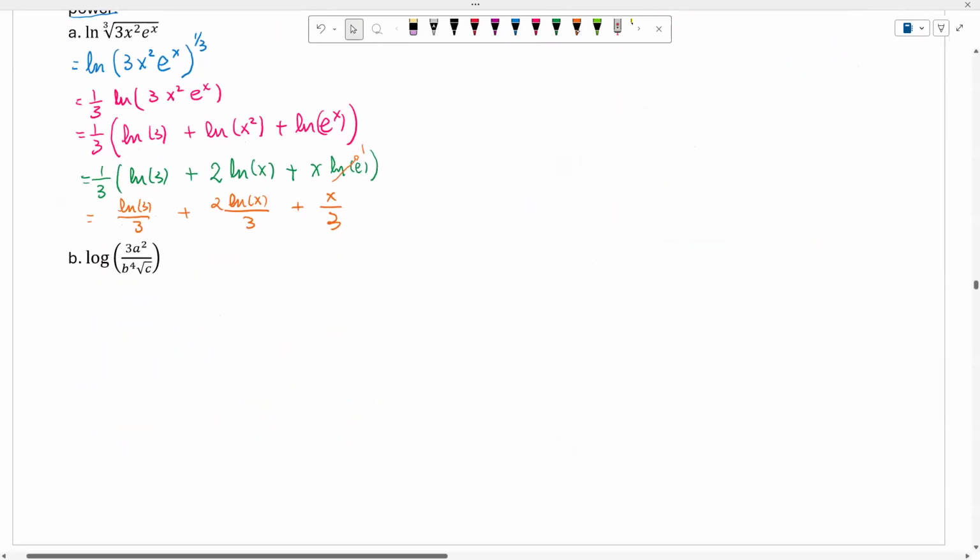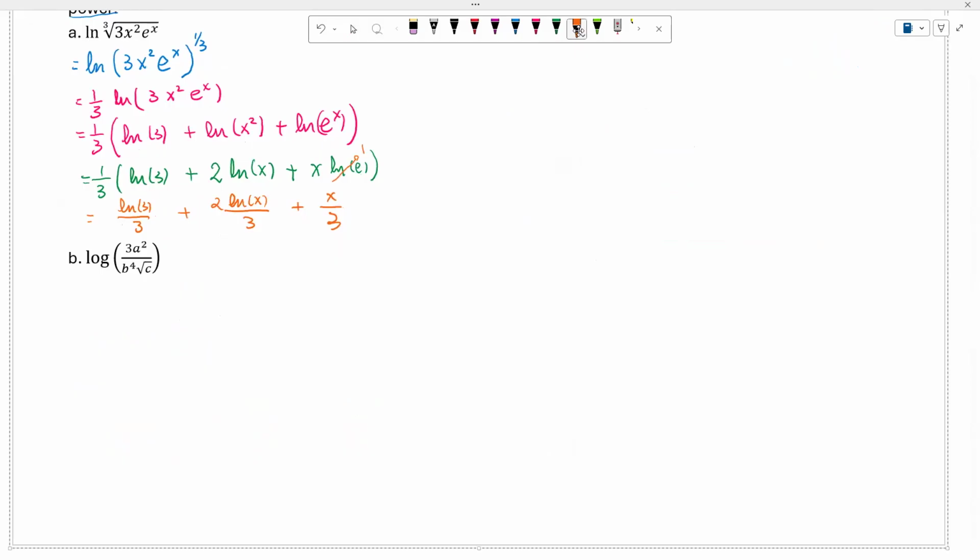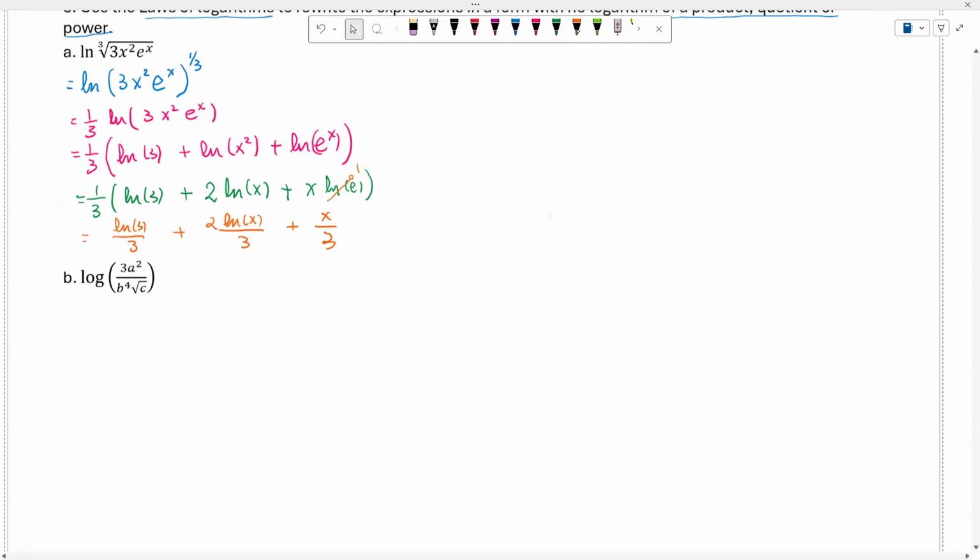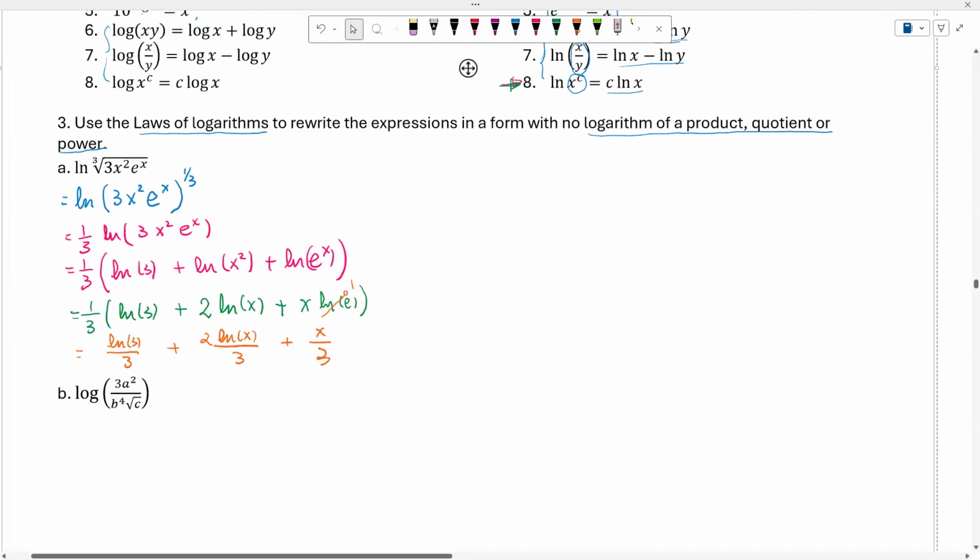So now let us look at the next example. For this one, I would like to again rewrite this to the form with no log of product, quotients, and power.